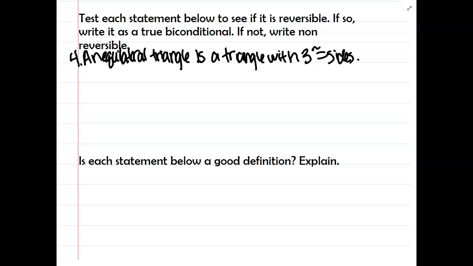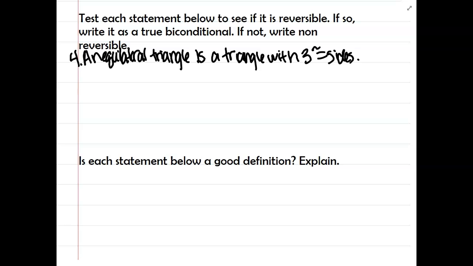An equilateral triangle is a triangle with 3 congruent sides. Now, this isn't a conditional, it's just a statement. So when we're checking to see if it's reversible, you could write it as a conditional if you wanted to. Don't have to. We could just reverse it. So instead of starting with the equilateral triangle part, the second part is the 3 congruent sides.